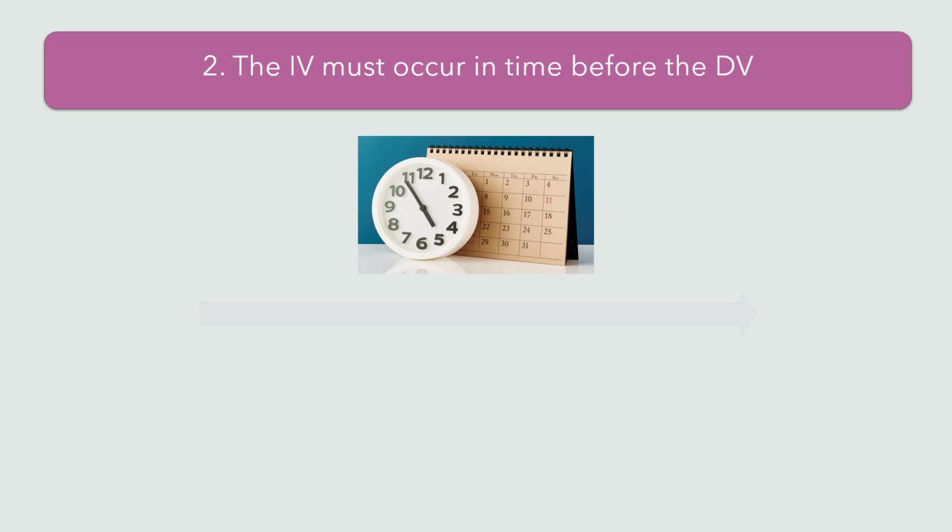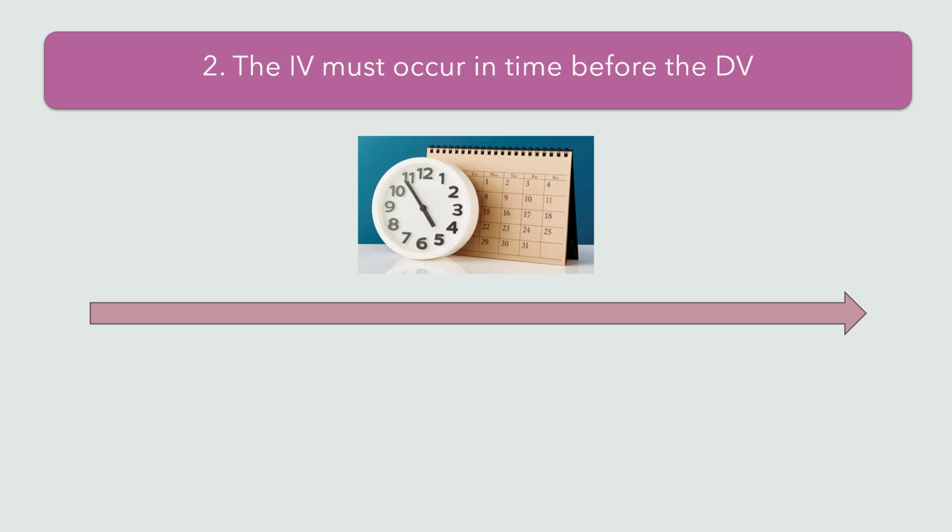So if we have time, which for now we see linearly, I think I made the same joke in the variables video. But in any case, time is moving forward, right?